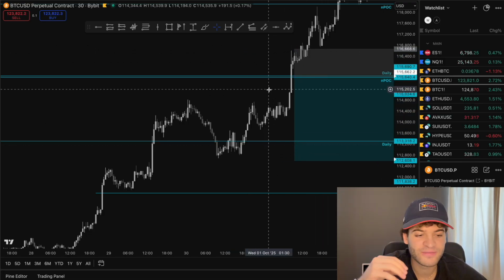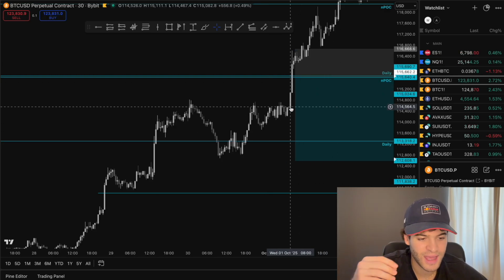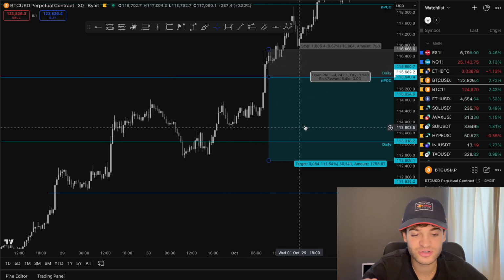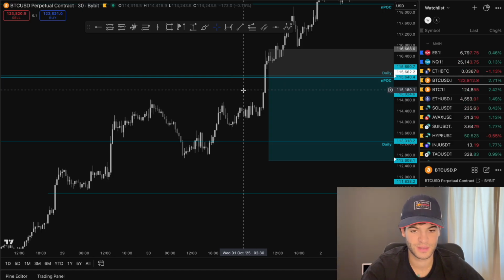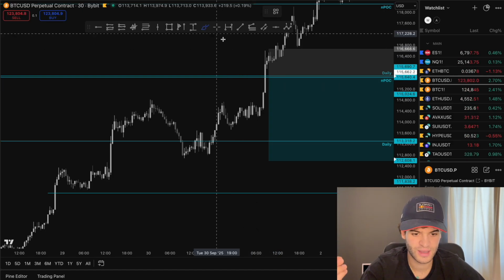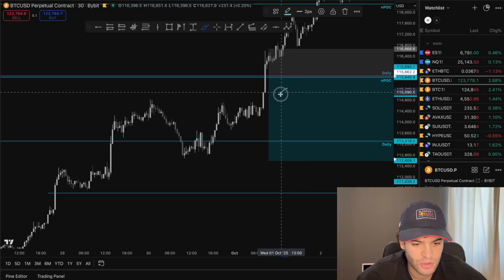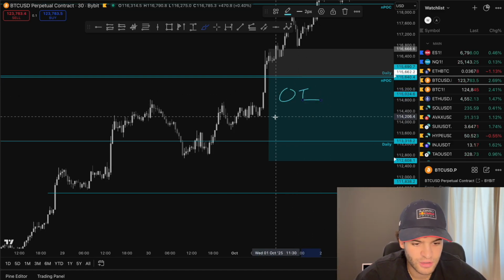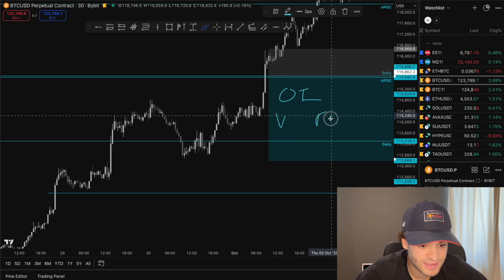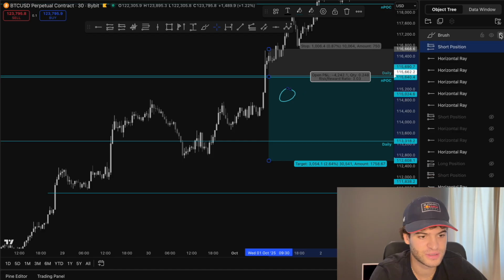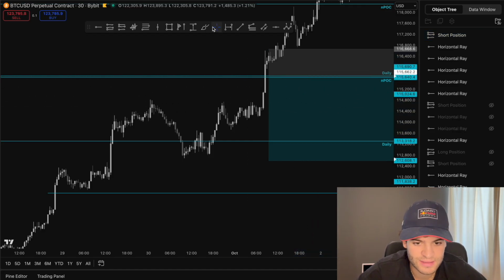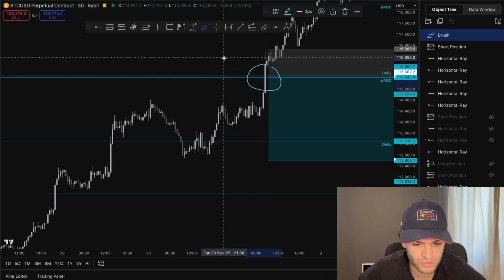But no, if you want to have the highest win rate and really understand the market and trade those levels to the best chance of getting them right, you want to be looking at order flow. And that will be things such as open interest, volume, delta, and stuff like this. Of course, now you're not really going to understand what I'm talking about, but when it gets to a resistance, I will be looking at the order flow.